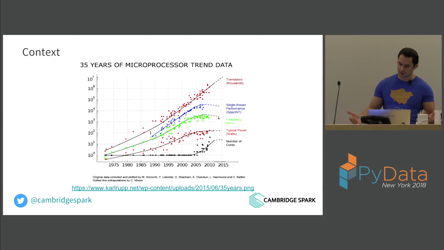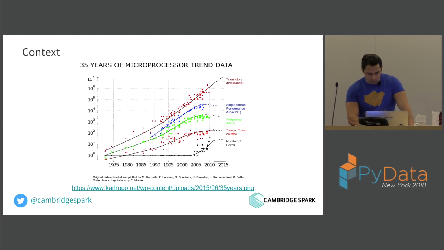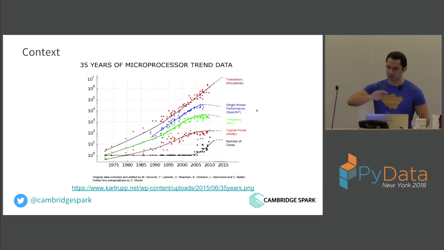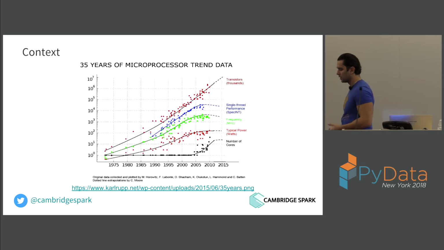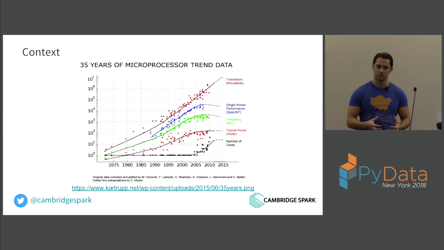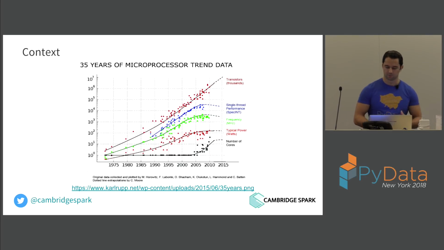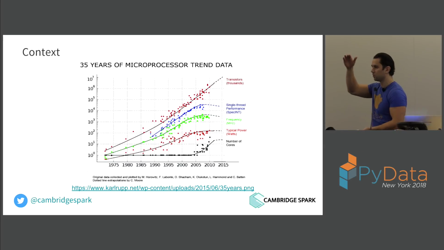So that's good, we see progress. Now, you'll see those three other lines in the middle are stagnating. So how much power we can get in the chip, the frequency and the instruction level parallelism are stagnating. So that means we can't get as much performance as we could from just one single core. The trick that we've been doing for over a decade now, and we've commoditized it, is to have multi-core architecture.